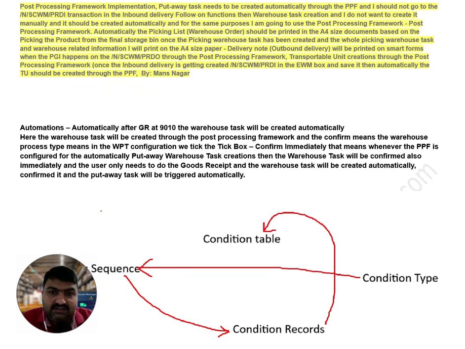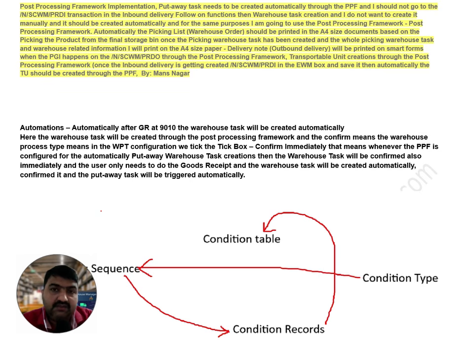Putaway tasks need to be created automatically through the post processing framework, and we should not go to the PRDI transaction in the inbound delivery follow-on functions, then warehouse task creation. Whenever our inbound delivery is processed from the ERP layer to the EWM layer, generally we create the purchase order, we create the inbound delivery, but this is an automatic process which I'm going to explain.